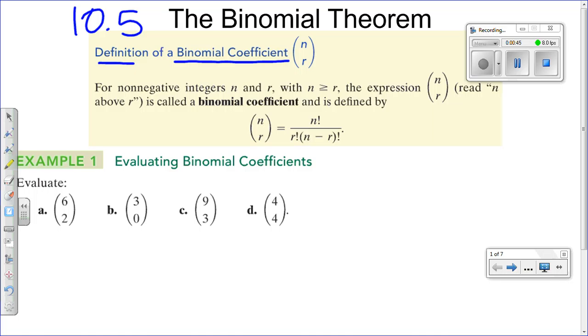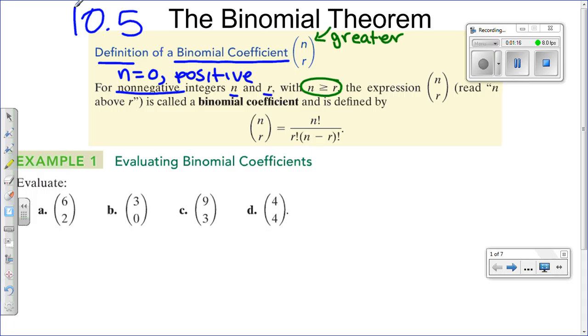For non-negative integers n, remember that means all positive integers and also including n equals 0, and r, so they're both integers, and n is always going to be greater than r. The number on top will always be greater.